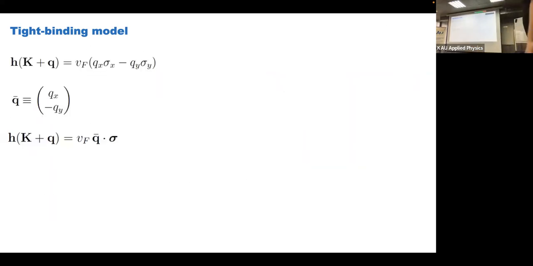And this model, even with such assumptions, works quite well. So we can create this formula for this Hamiltonian. It will be like Vf, this Fermi velocity, times some very small vector q, and times sigma. What is sigma? Sigma is just these Dirac matrices.